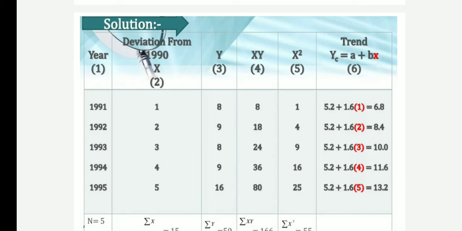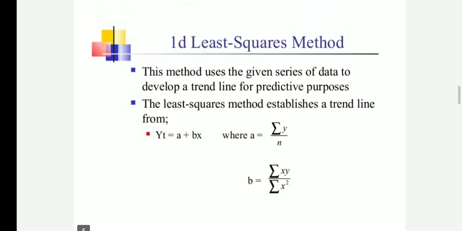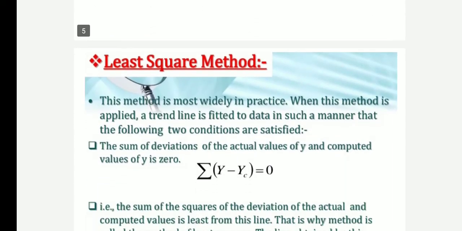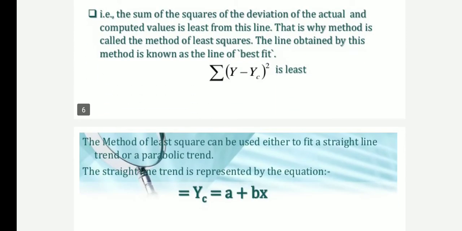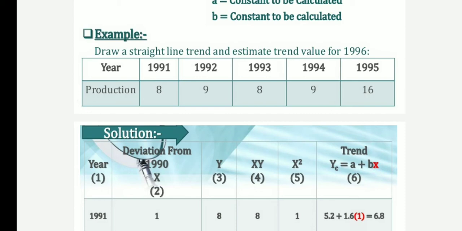And base period, I think it is asked as the base period. Draw the trend line using the least square method, and estimate the trend value for 1996.